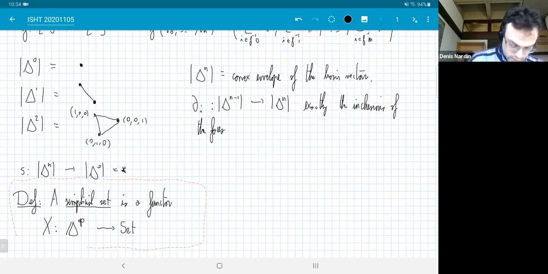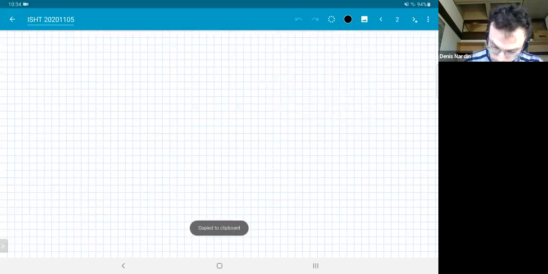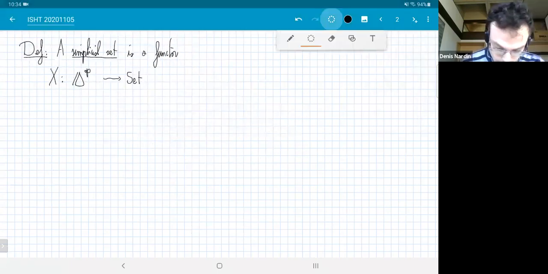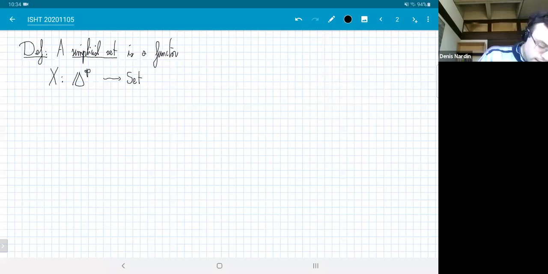Actually, I need to go to a new page. And I need to give you at least one important example. And you'll see why this definition now makes sense.